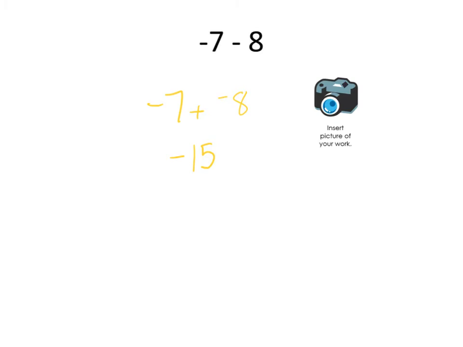Okay, so I see a subtraction sign, so I know whenever I see a subtraction sign, I change it to an addition sign, but then I have to flip this. So the opposite of positive 8 is negative 8. So I have negative 7 plus negative 8, which is same sign, add and keep. 8 plus 7 is 15. The sign's negative on both of them, so my answer will have a negative.